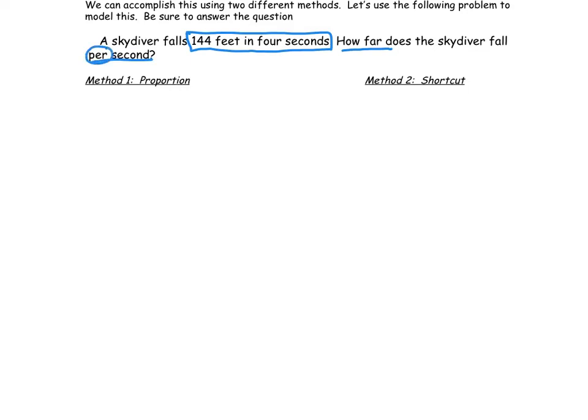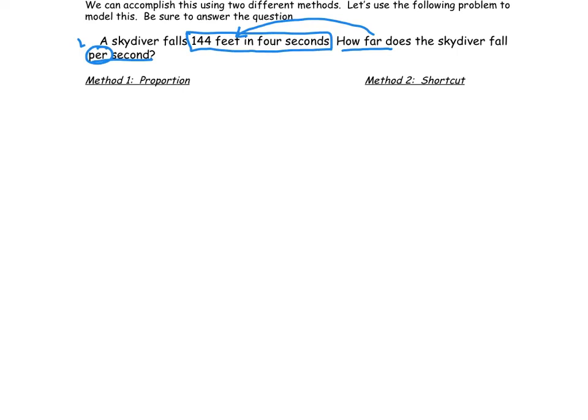So we immediately can recognize that word per, which means 1 second. And how far is talking about distance. And so we want to refer to our distance because it was given in feet. It didn't say miles, it said feet.